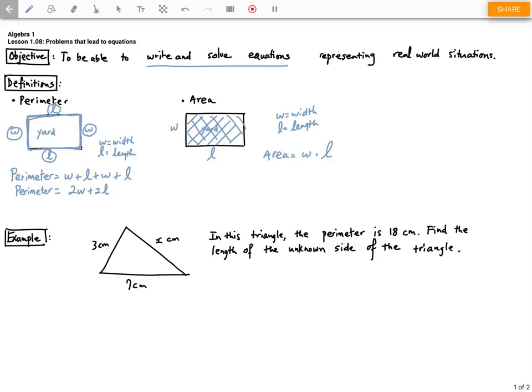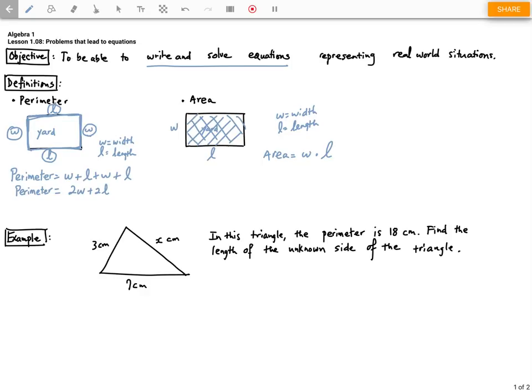Remember, we did in one of our previous lessons counting the rows and columns of all the dots, the 9x9 matrix. That's sort of like the concept of area. So now with the understanding of these two terms, let's go on to an example.